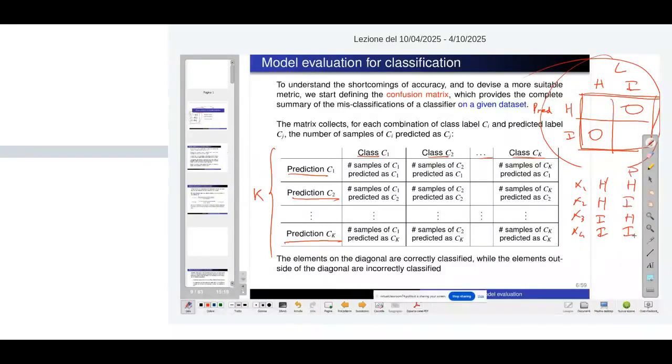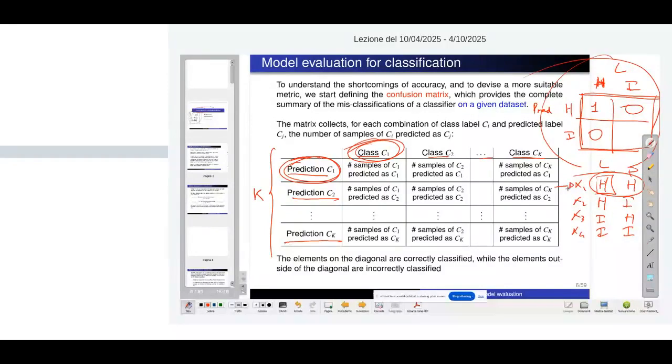Now, I can count for each class and each prediction, so for each combination of these two, how many times I get that combination. So for example, how many times I predict class C1 for samples of class C1. If you want, how many healthy patients are predicted as healthy, the first one in this case.